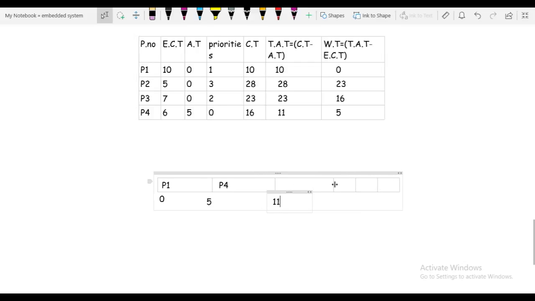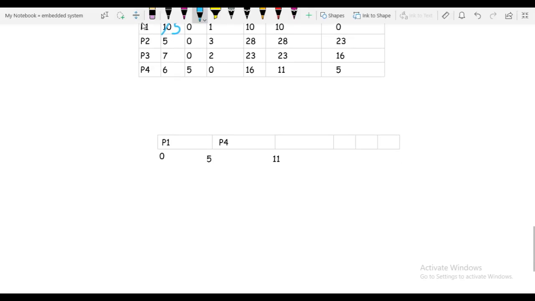Next we have 3 processes P1, P2, P3 again. Now which one has the highest priority? P1 has the highest priority. It has executed only up to 5 milliseconds and hence 5 is left. So we'll execute P1 again for 5 milliseconds, till 16, right?